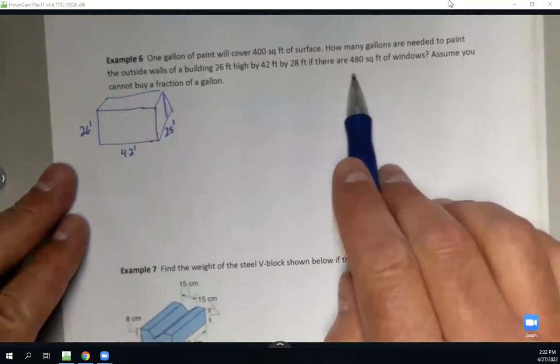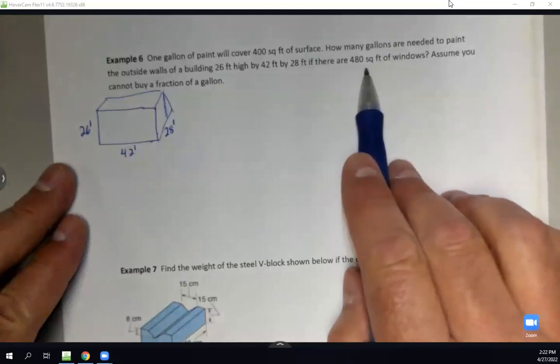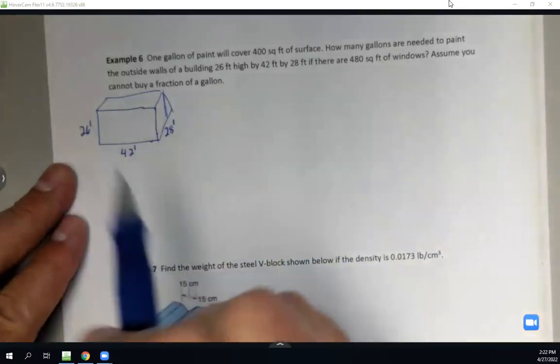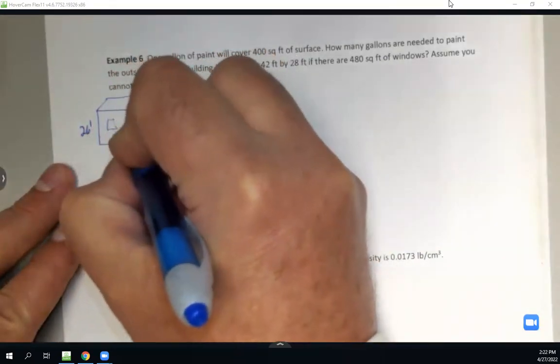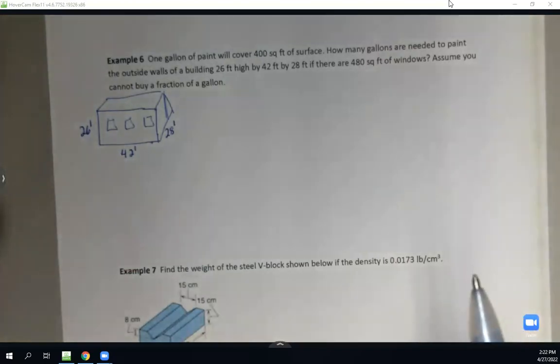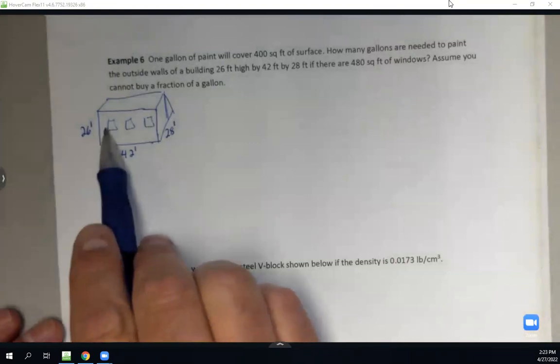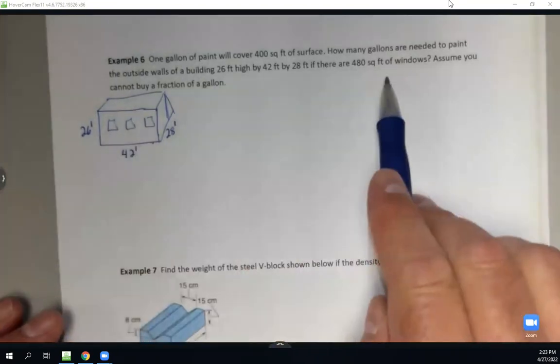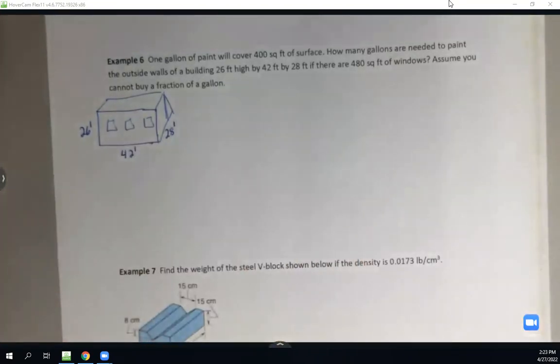Now, it's nice enough in this problem to tell us altogether there's 480 square feet of windows. So picture it, there's windows, and so on. So you don't paint the windows, obviously. So you don't need to buy paint to cover the windows. So altogether, if you add up the area of all the windows, that's 480 square feet that we can take off that we're not going to need paint for. Does that make sense?